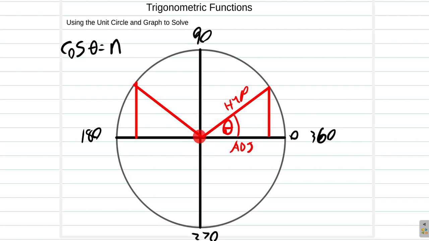Why? Because our adjacent runs from 0 to the left in the negative direction. A negative adjacent divided by a positive hypotenuse will give you a negative number.